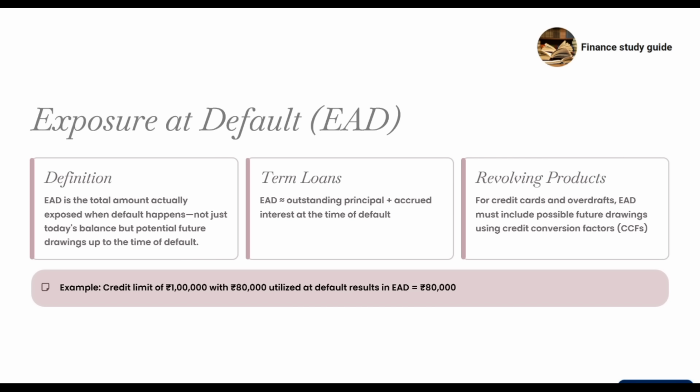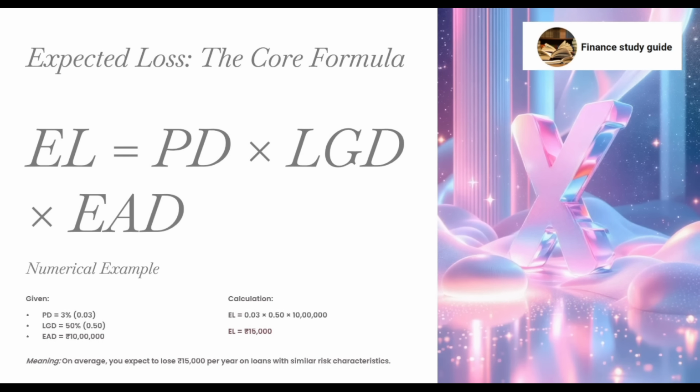Now that we have understood PD, LGD, and EAD, let's use them in the expected loss credit risk formula. EL equals PD times LGD times EAD. Now, let's look at a numerical example of a single loan, and later we will look at a portfolio of loans.